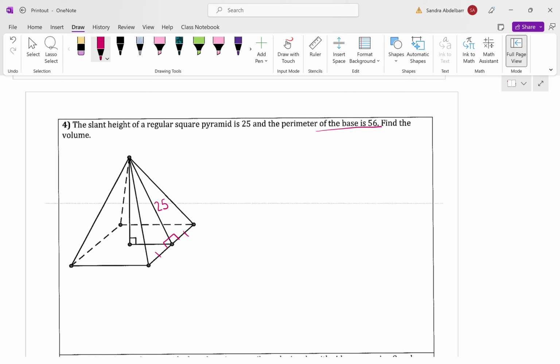But what shape is my base? What shape is the base? A square. And what do we know about all the sides of a square? They are congruent. So if the perimeter is 56, each side is going to be 56 divided by 4, which is 14.